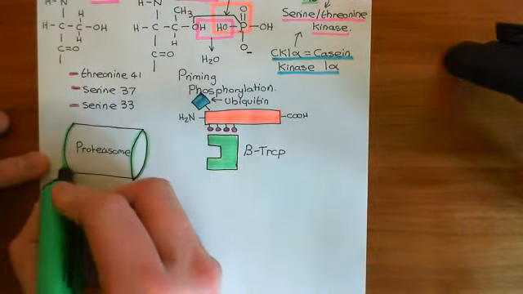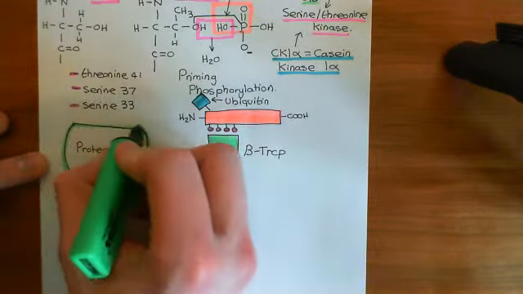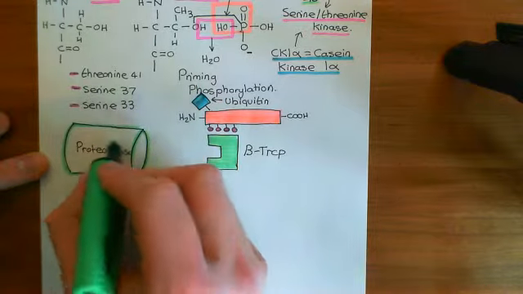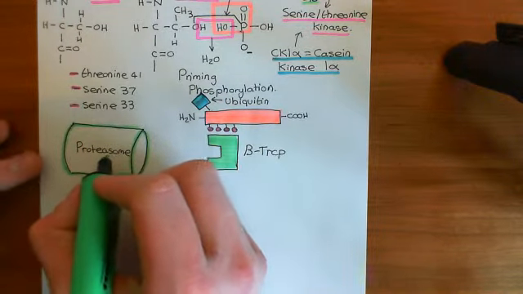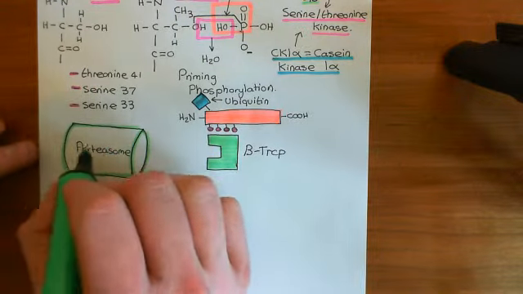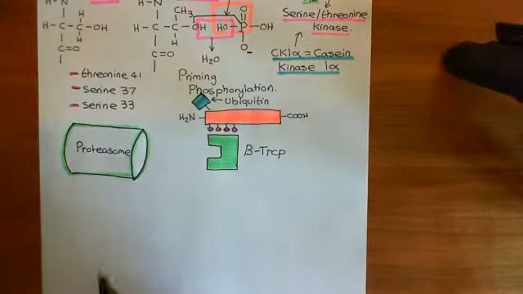So the proteasome is a tube, okay, and you're going to feed your polypeptide in this end, and as it goes through, it's going to be broken down by a huge number of different enzymes. They don't quite break it down into amino acids. They break it down into fragments of a few amino acids then.